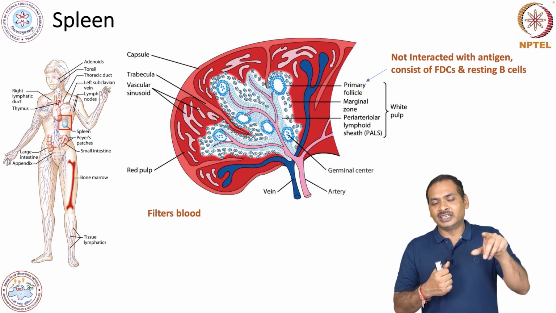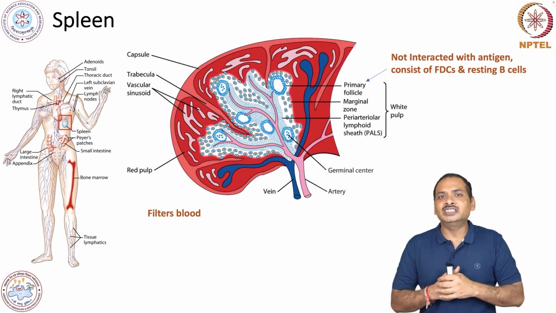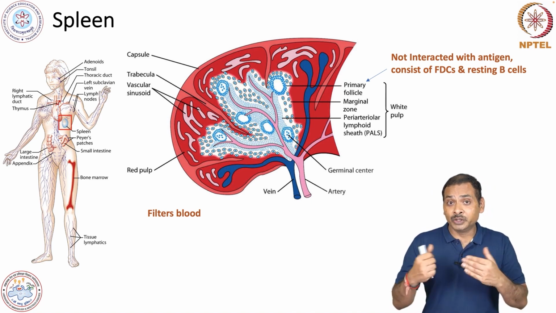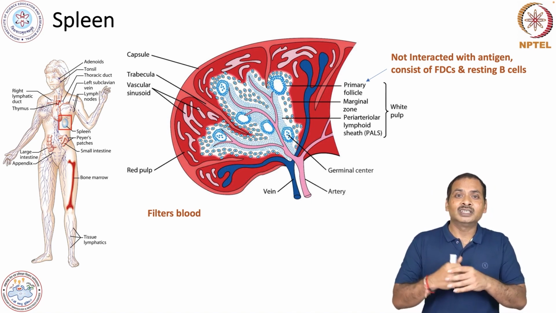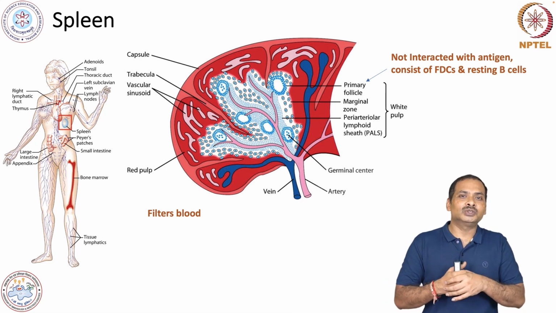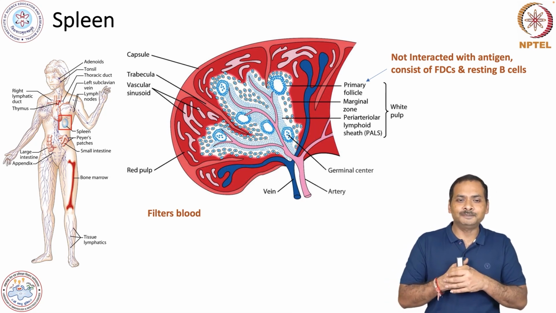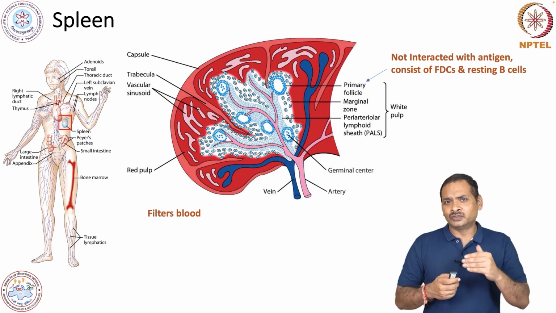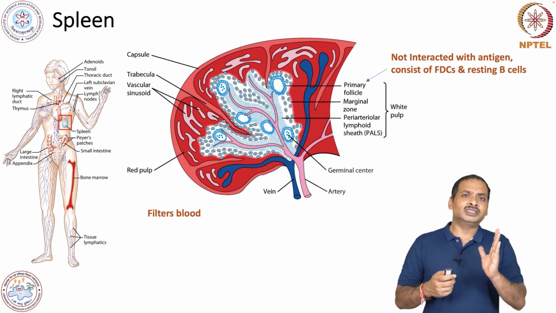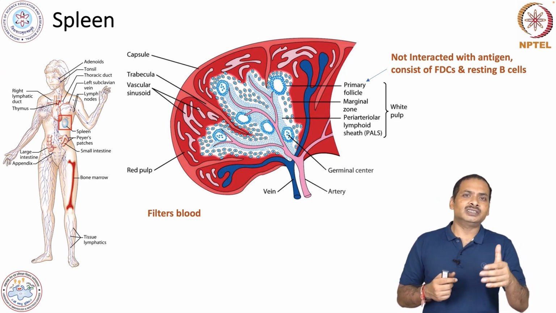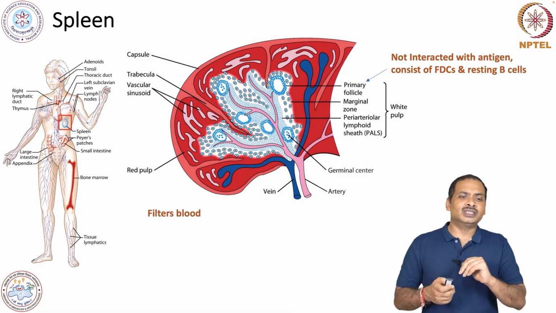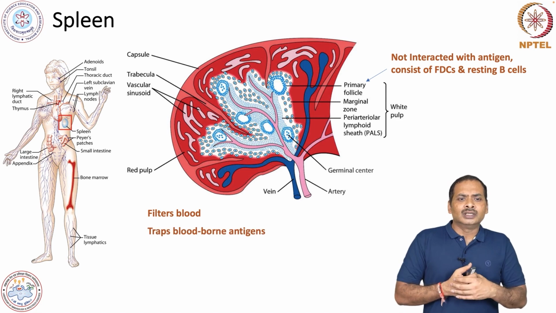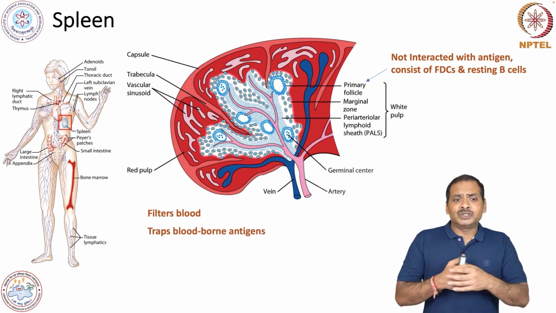Then this antigen goes into the spleen, where it is trapped, and then an appropriate immune response develops, meaning a B cell mediated and T cell mediated immune response. From the immunity point of view, this is an important function. The non-immune function is the removal of damaged RBCs, after which the blood is returned to the system. So, I already explained how it traps the blood borne antigen.